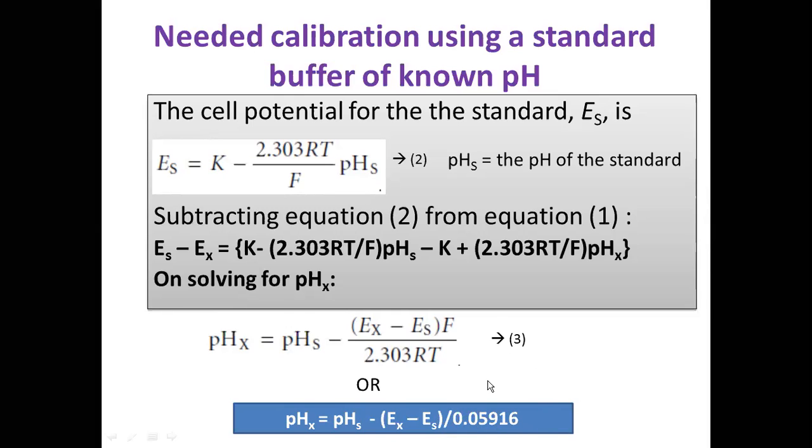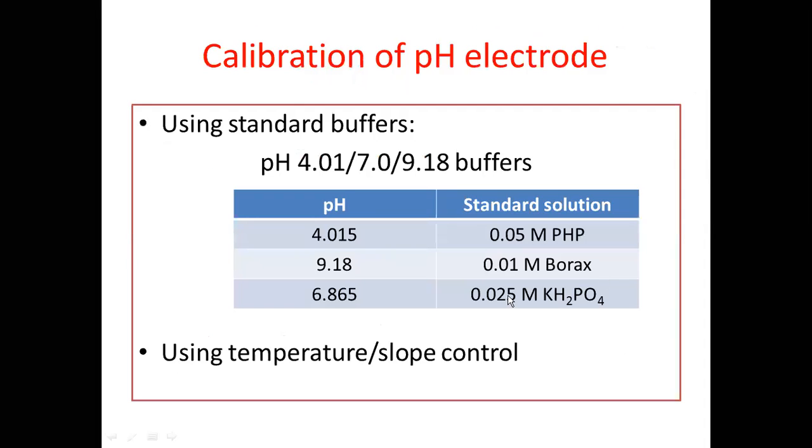Any ion selective electrode you are using for measurement of analyte concentration, this equation holds good to calculate the accurate concentration of the analyte by means of pM value. So let us demonstrate that later.